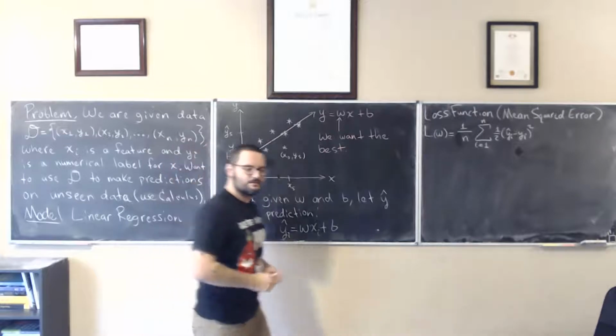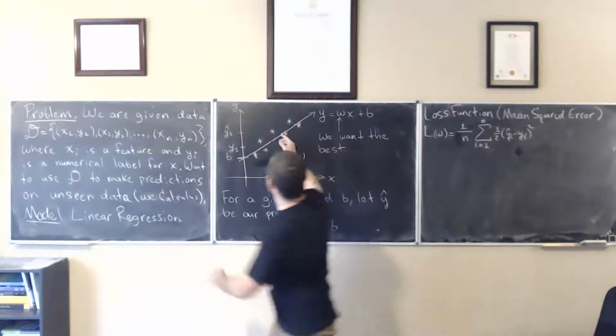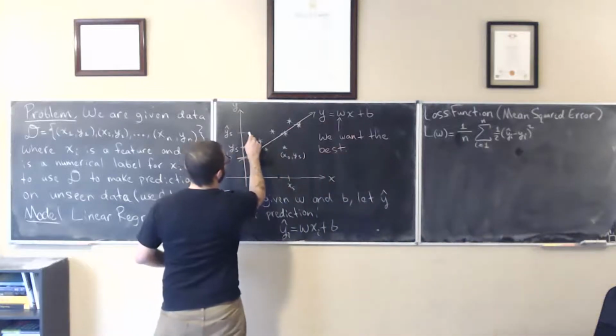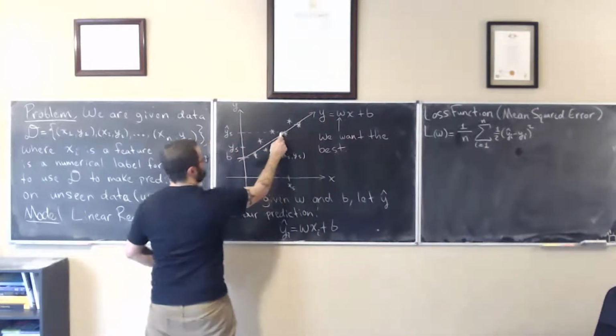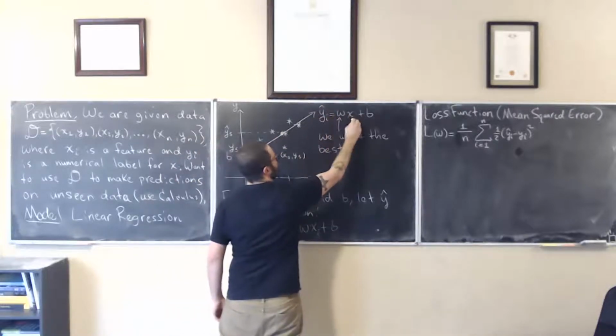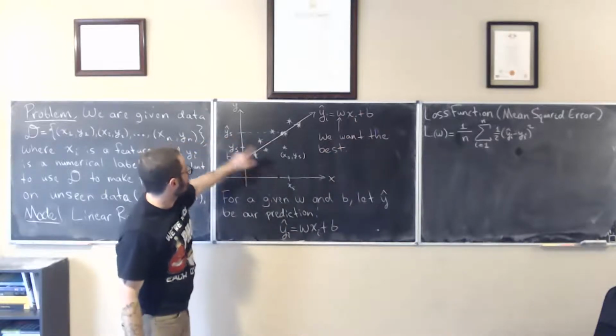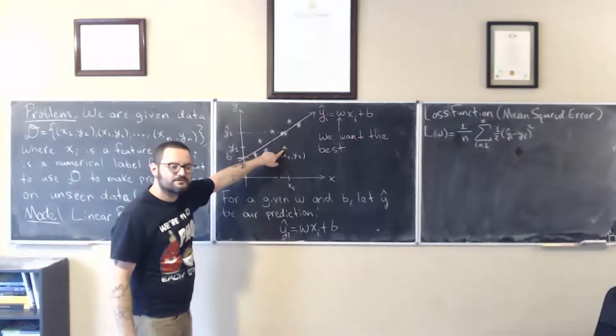Does that make sense? So this is like our y hat, right? So for that feature, we predict that, but it's actually that.